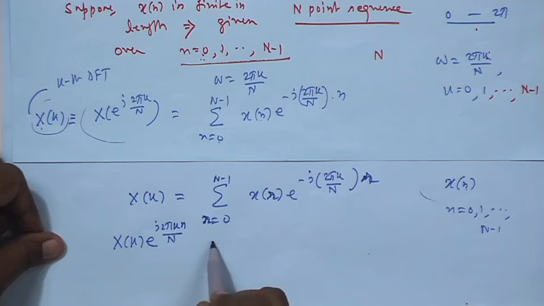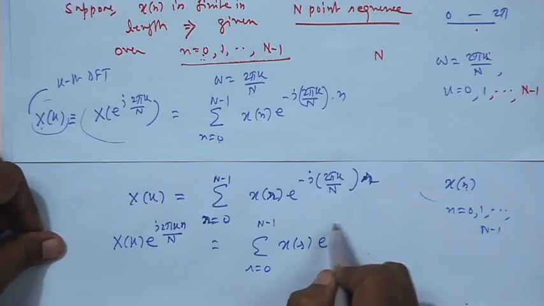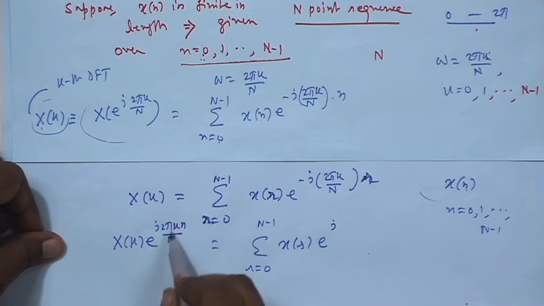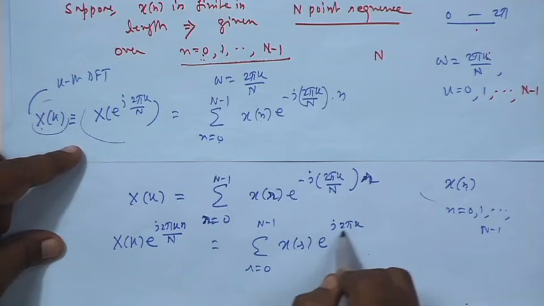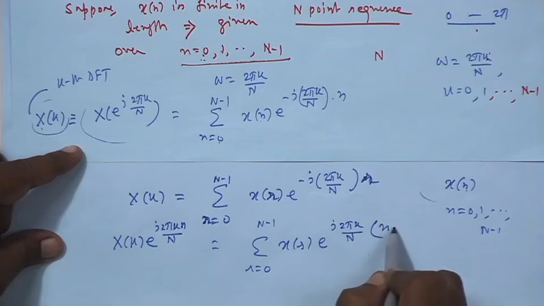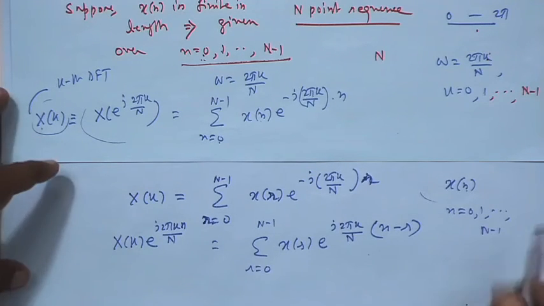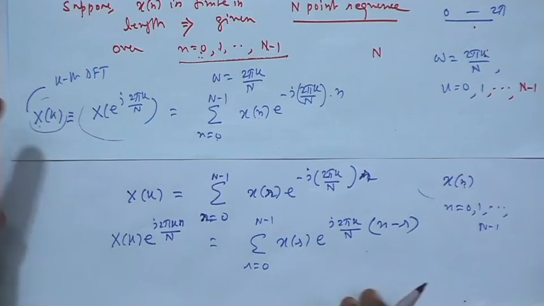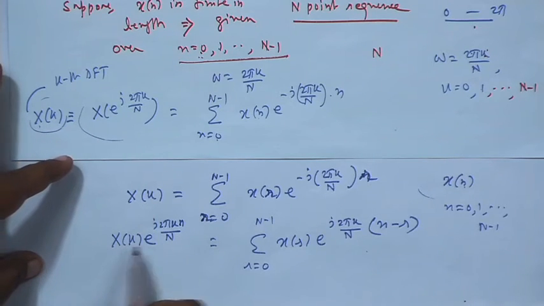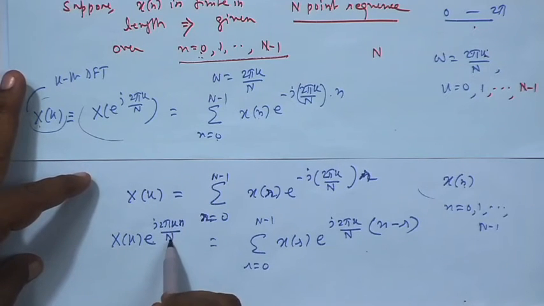The right hand side also gets multiplied by e to the power j 2 pi k n by N. Capital X k, for a particular k, is a summation with e to the power j 2 pi k into small n by capital N. What is small n?